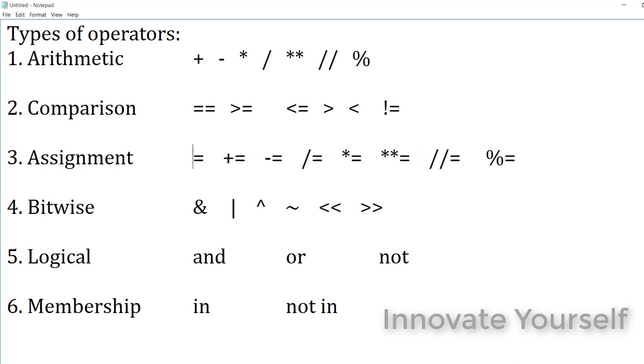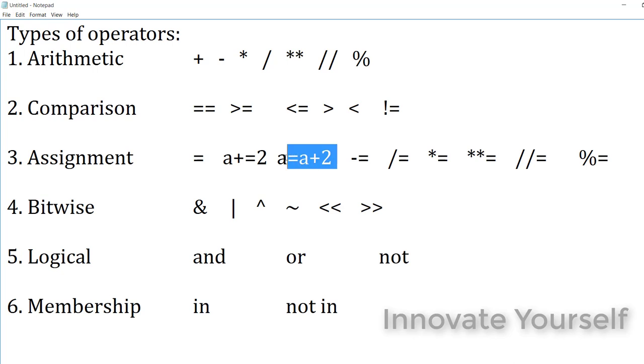Similarly, we have some different operators. This plus equals to: like I'm writing a plus equals to 2. This means a is equals to a plus 2. So these both are the same and it doesn't make any difference whether you write this or this.